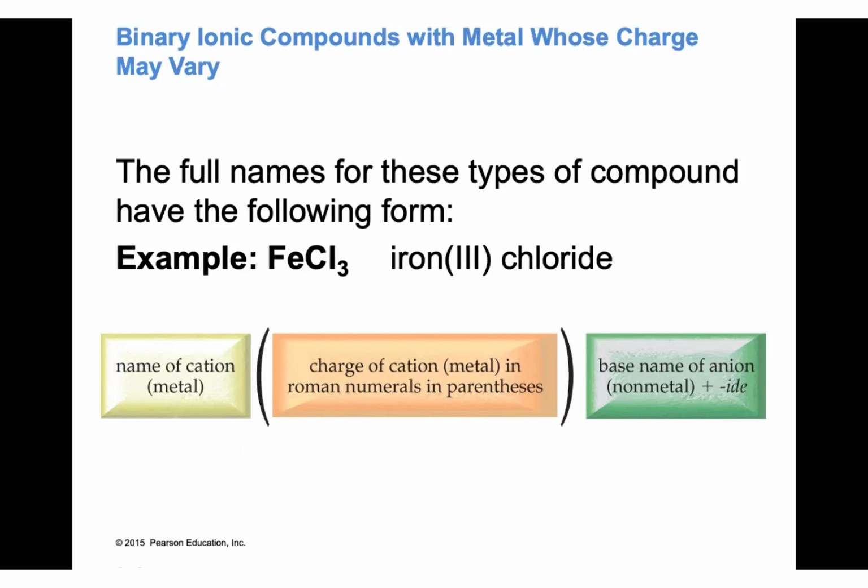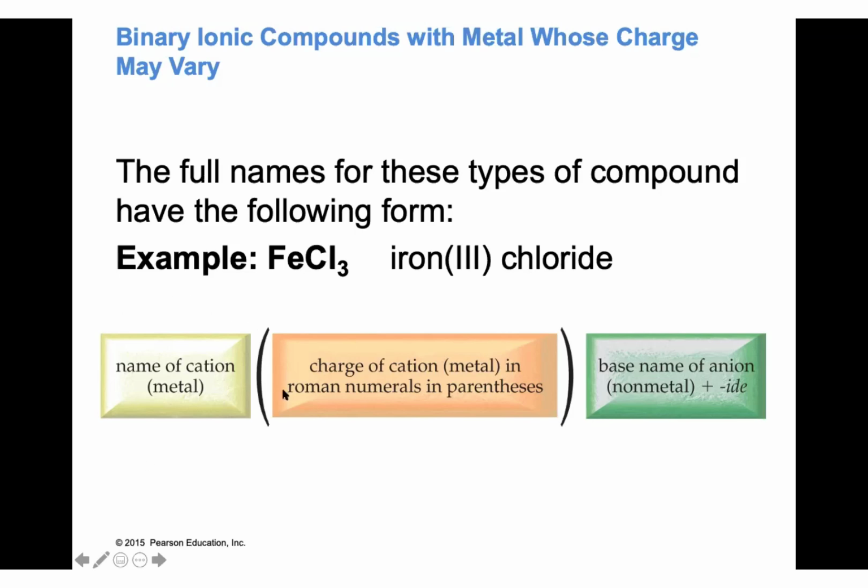The first brother they call Robert, but the second one they call Robert Junior. Because if they call the second one Robert, they get confused, right? Okay, which Robert are you calling? The same thing here: we should emphasize the charge of iron, because we have two types of charges of iron. So let's talk about how we name it.